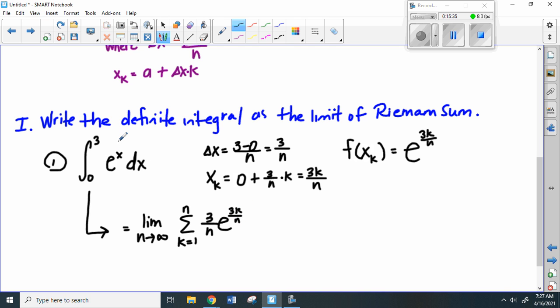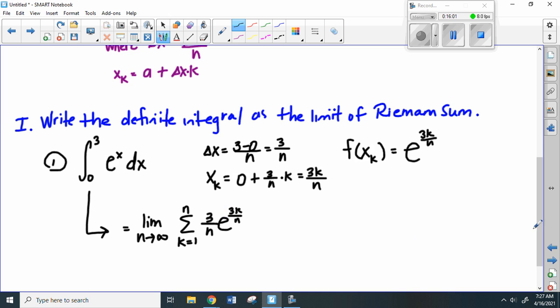So what I'm saying is this integral is equal to this limit. They would both find me the exact area. Now, if I actually had to calculate the exact area, I would need to do it with the integral, because you can't write out an infinite number of terms here and actually add them up.